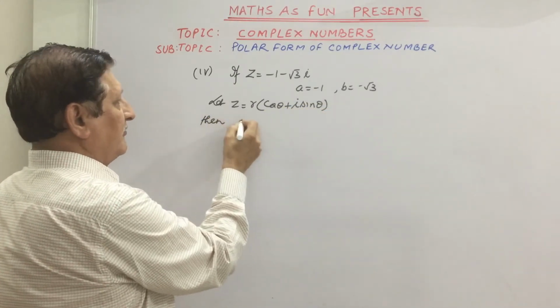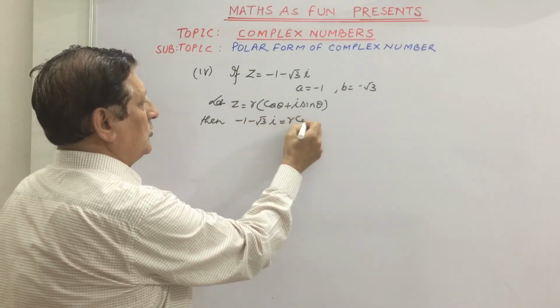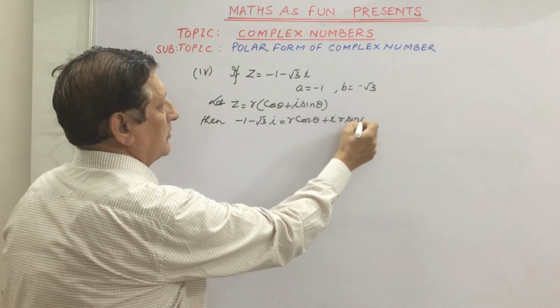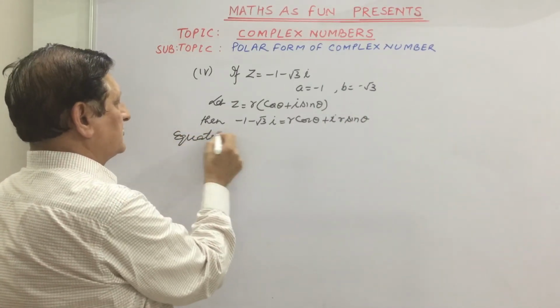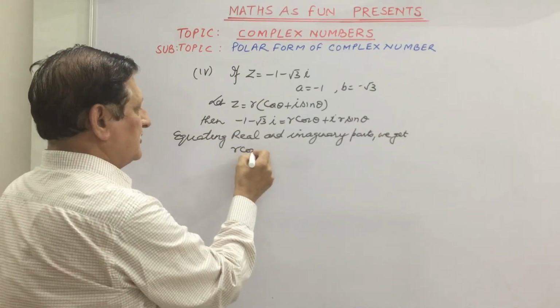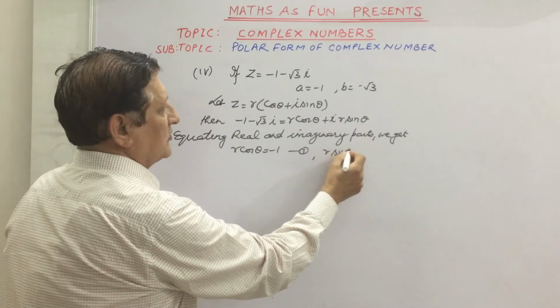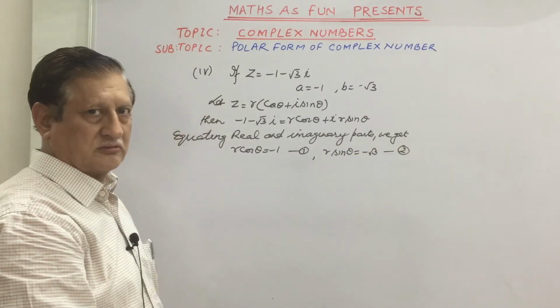Then we have minus 1 minus root 3 iota is equal to r cos theta plus iota r sin theta. Equating the real and imaginary parts, r cos theta equal to minus 1 and r sin theta equal to minus root 3. These are the two equations.